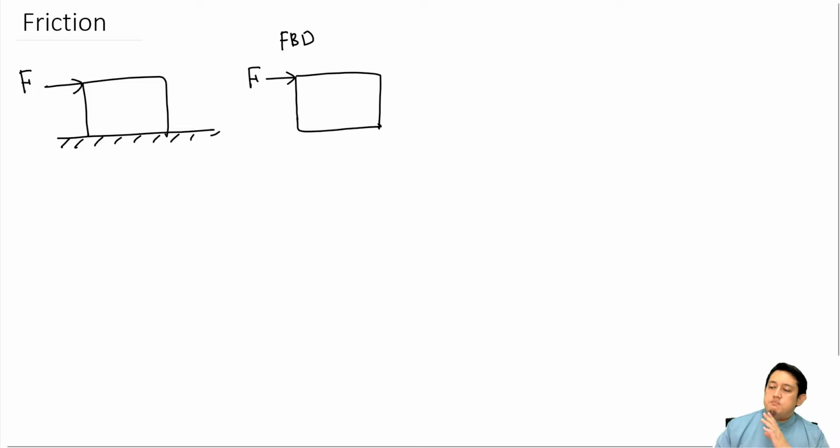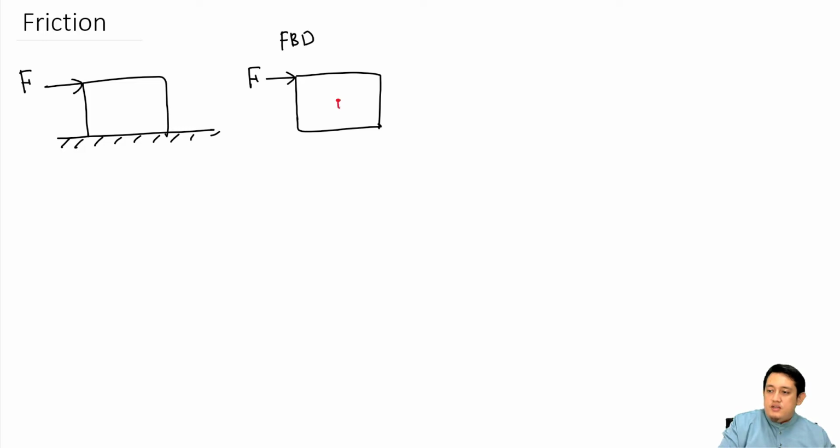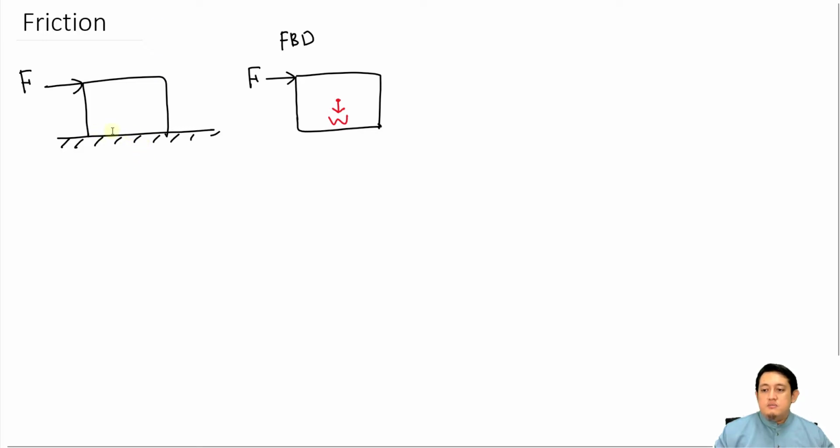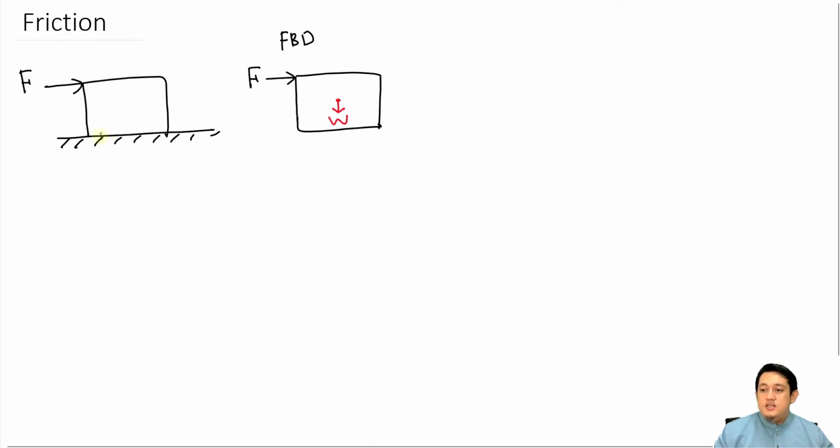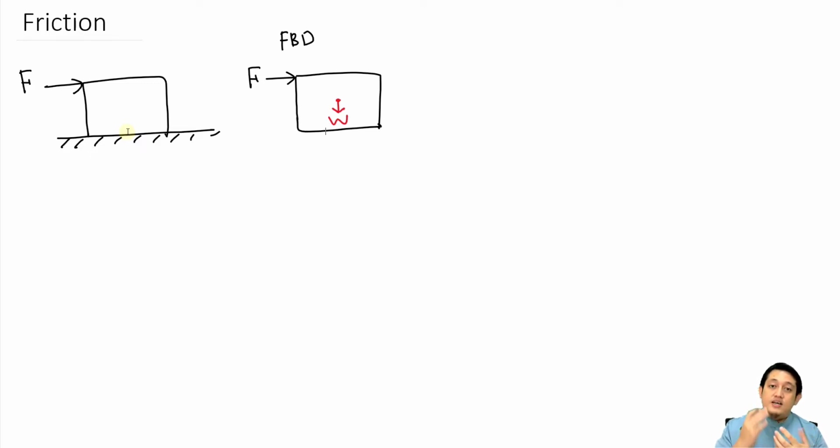Okay everyone, this box here has a weight. Of course. So we will have a weight in the middle of the box, and then if you look here, the box made contact with the floor, this surface here. Because it made contact and we want to make it free, we need to have a reaction force.